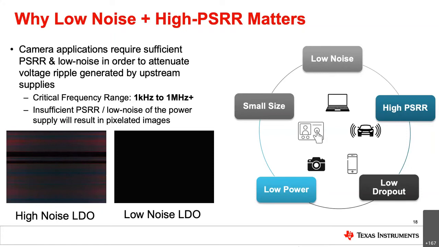As you can kind of see in the images below, when conducting a black image test, where you essentially just cover the camera, you can see that a high noise LDO or high noise power supply in general will result in this discolored, pixelated image at the bottom left, versus a low noise LDO, which will result in the perfect black image right next to it.